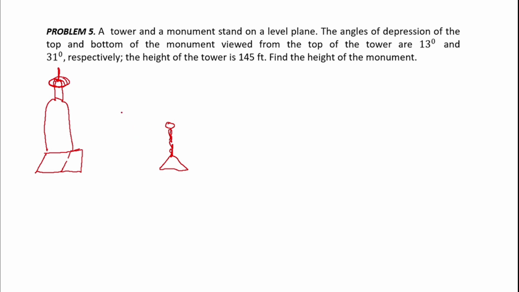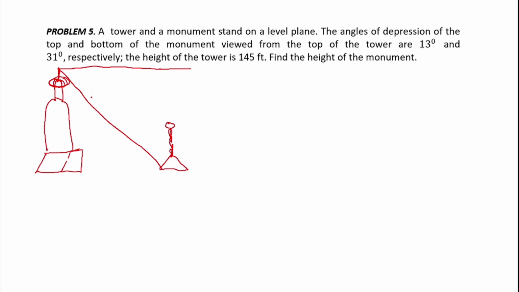For the angles of depression, we first need a horizontal line, to set up angles of elevation and depression. The angles of depression of the top and the bottom of the monument from the top of the tower are 13 degrees and 31 degrees respectively.